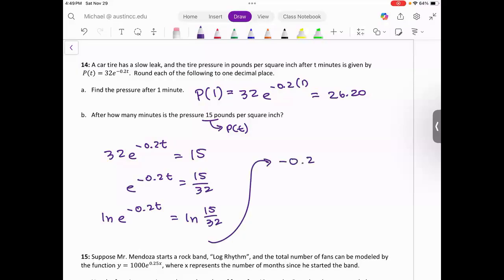We're just left with negative 0.2 t equals natural log of 15 over 32. We can divide each side by negative 0.2. So we get natural log of 15 over 32 divided by negative 0.2. When we put that into the calculator, we get 3.794. Okay.